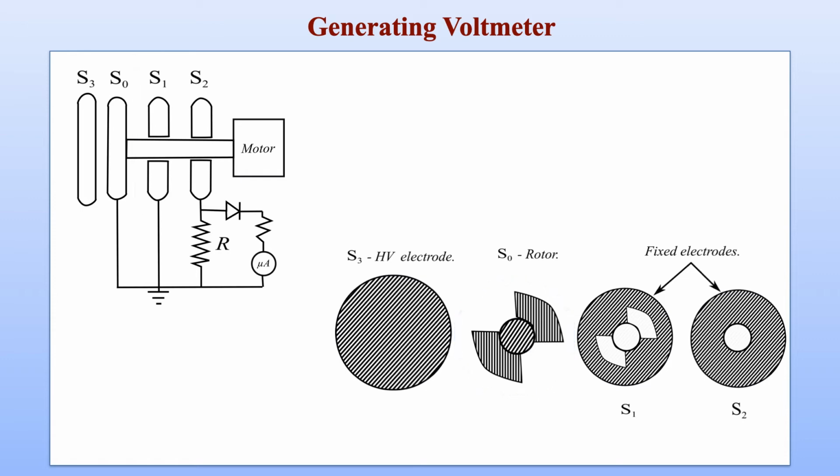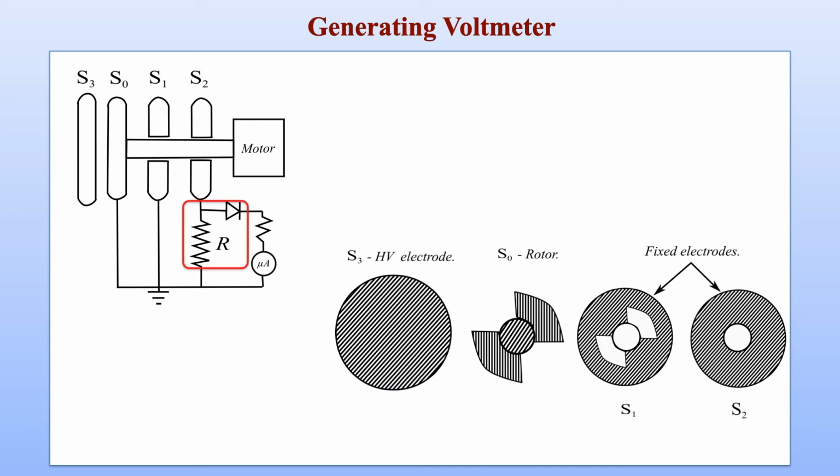Apart from these electrodes, which are in the form of coaxial discs, we have a motor. It's a constant speed motor, either a synchronous motor or another form of motor which can run at a constant speed and hence obtain a constant time rate of change of capacitance induced across the electrodes S1 and S2.